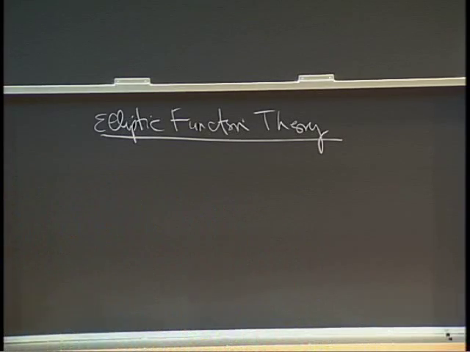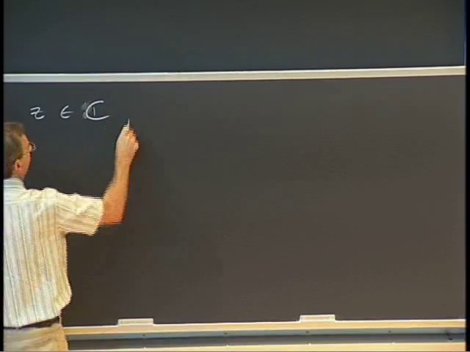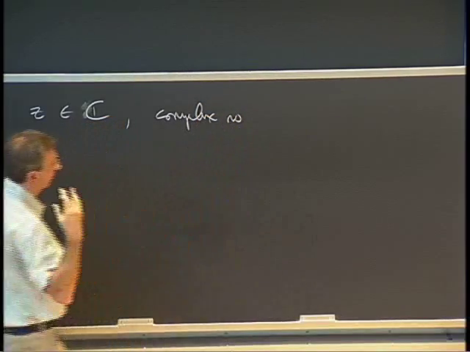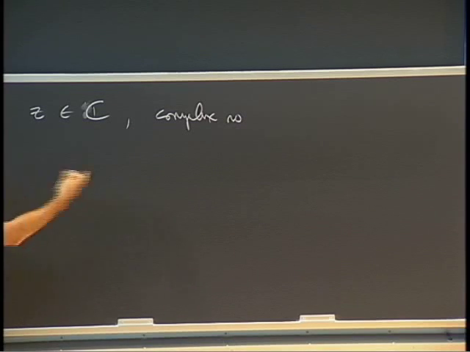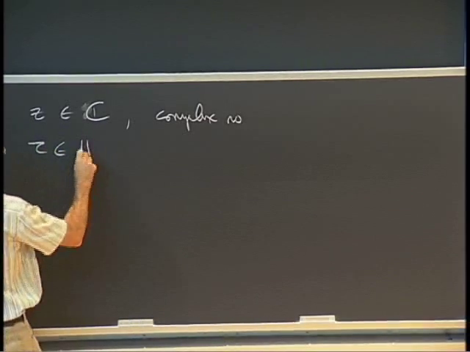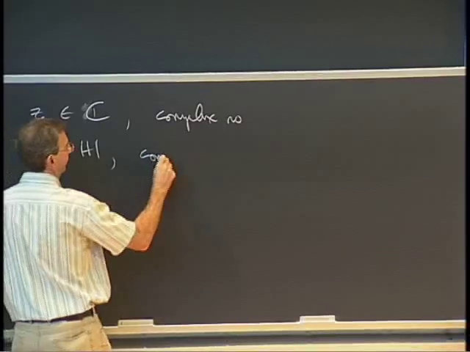So let me talk about, first of all, before I go anywhere, getting some notation straight. Throughout the whole talk, when I speak of a variable z, it'll normally be in the complex plane. Occasionally it might be formally a number, but for the first part of the talk, it'll certainly be a complex number. And a variable tau will be in the upper half plane.